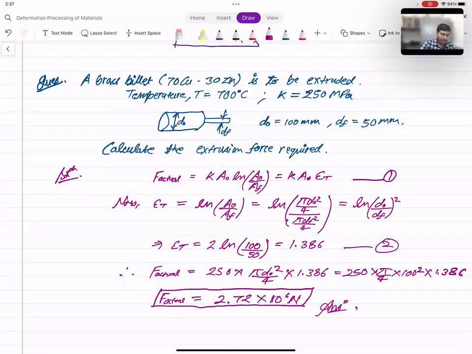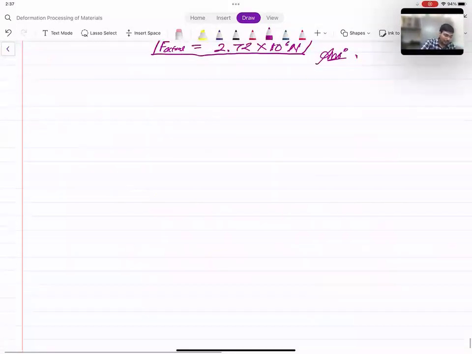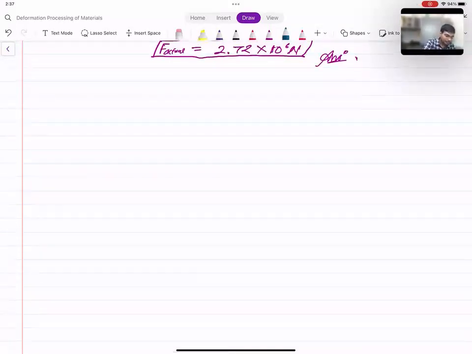Okay. So now let us see another example. Again, we have a numerical where some data has been given to us and we need to calculate the average pressure there. Okay, so here we are given the condition that direct extrusion is being done.